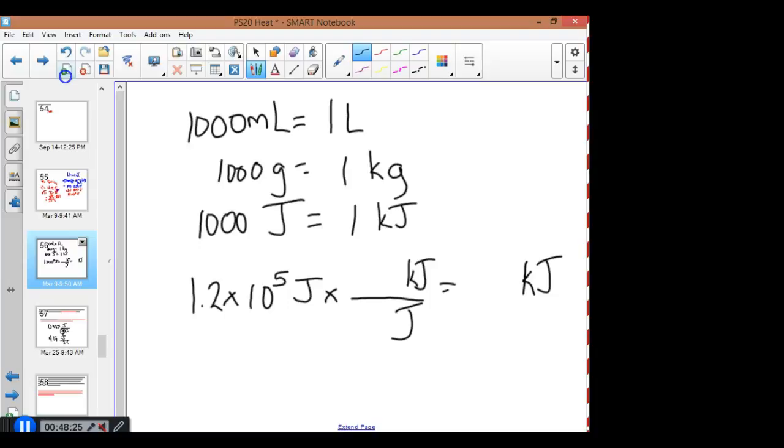There are 1,000 joules in 1 kilojoule. How many kilojoules is this? Or 1.2 times 10 to the exponent 2. This is 1 times 10 exponent 3.